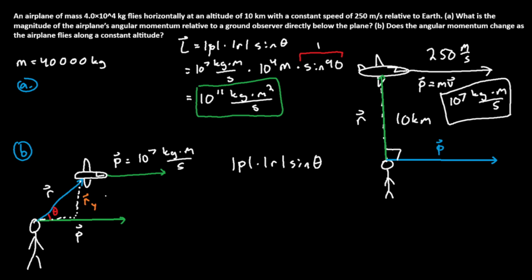Since the airplane is determined to be 10 kilometers off the floor, the y component of your distance vector is just 10 kilometers.